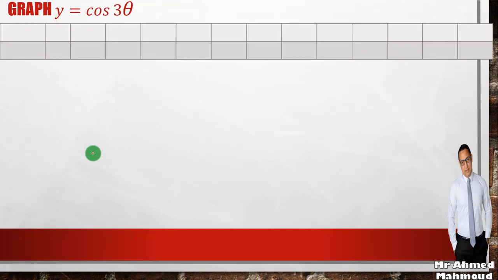Now I'm going to graph y equals 3 cosine 3 theta. Okay, if theta equals 0, then 3 times 0 equals 0, cosine 0 equals 1. And if theta equals 30, 3 times 30 equals 90, cosine 90 equals 0.